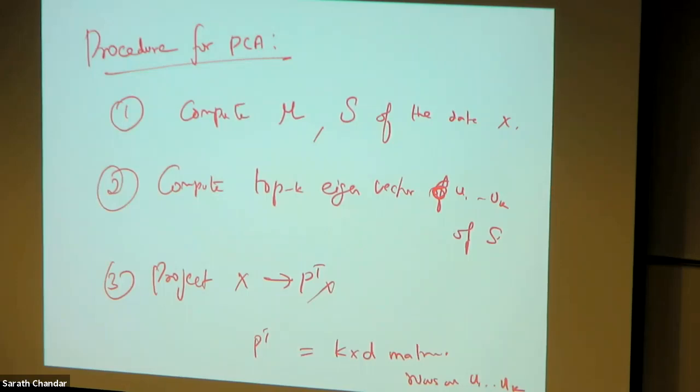Is there anything expensive about calculating the matrix of eigenvalues, since the objective was dimensionality reduction to begin with? Okay, that's a good question. Isn't it computationally expensive? There are a few things to consider here. First of all, this is not an iterative algorithm. This is just one step.